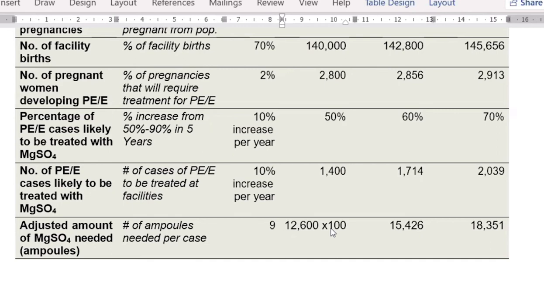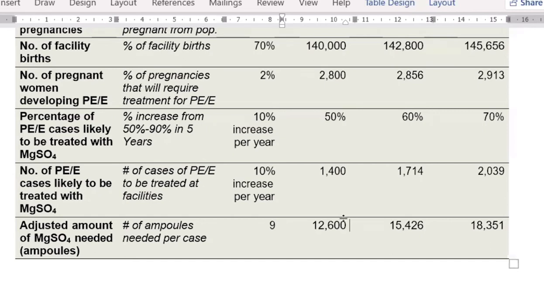What I'm saying is that these are individual ampules, right? 12,600 constitutes the individual ampules, but reality does not allow you to physically procure these things as individual ampules. You procure them as pack sizes, right?